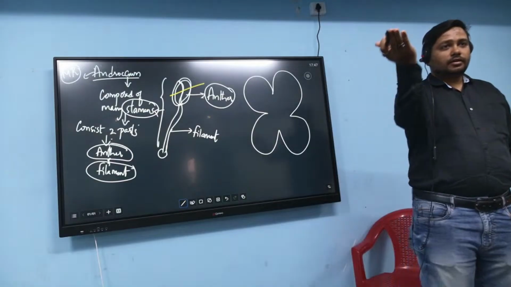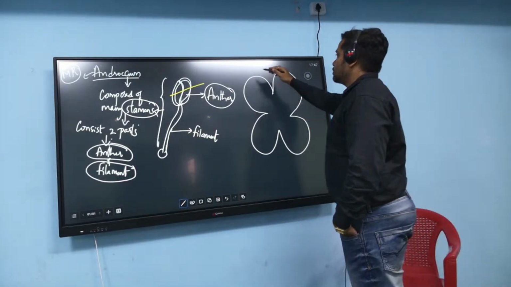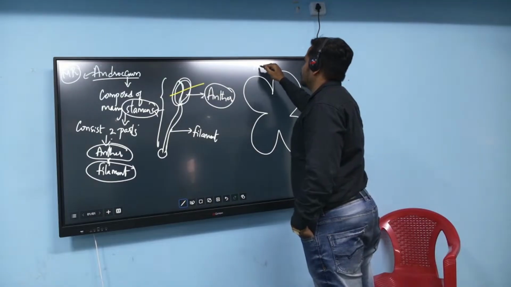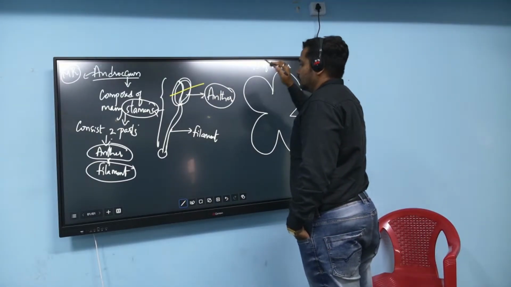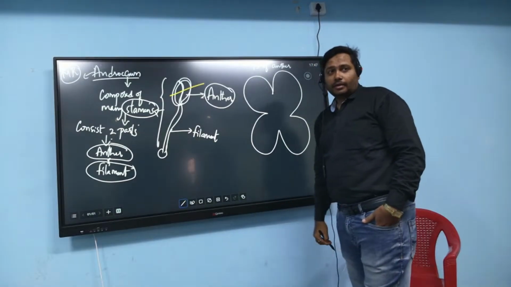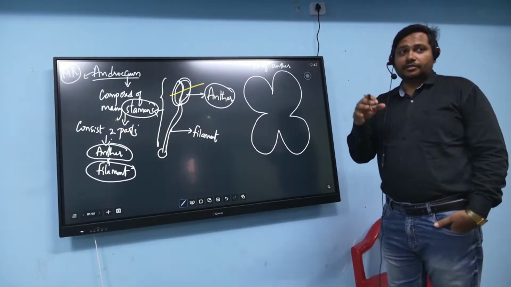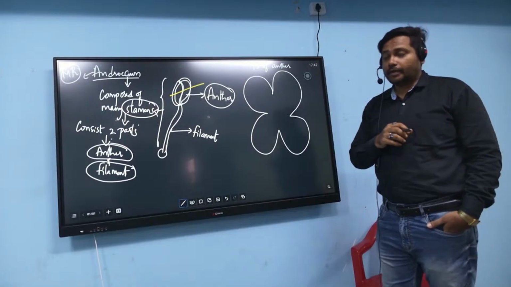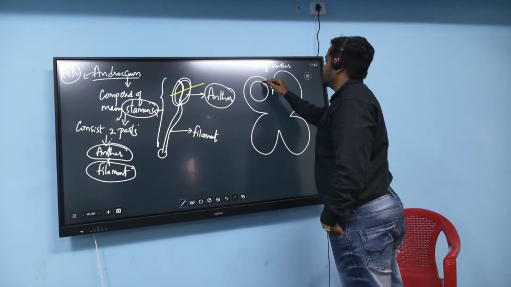The TS of this structure is called TS of anther. When we study what is present inside, which is responsible for the production of male gamete, we are able to see four structures.